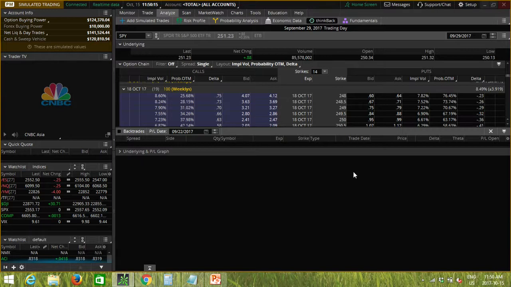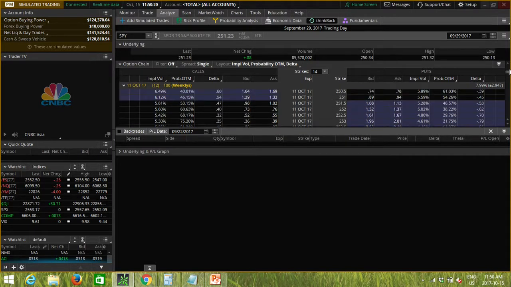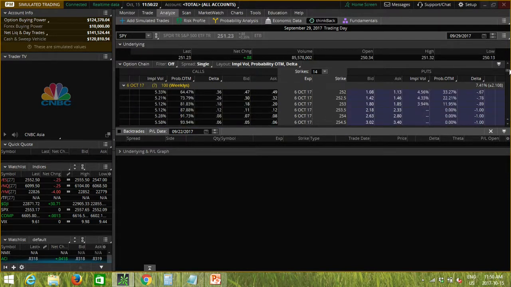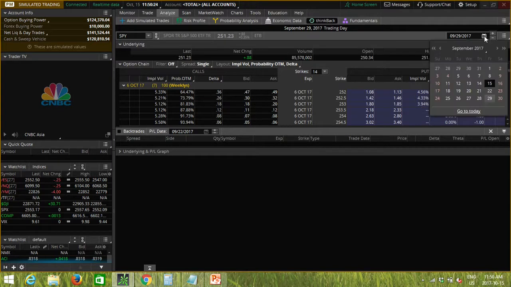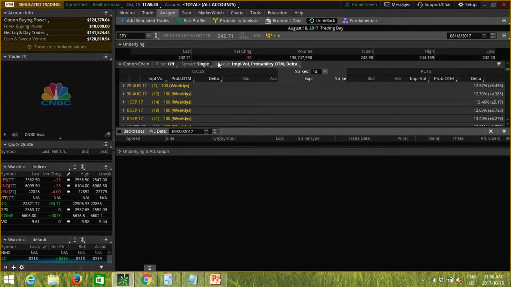Now, of course, I suppose this would have been a winning trade if we wanted to speculate back in August, when the SPYs were 242.71.